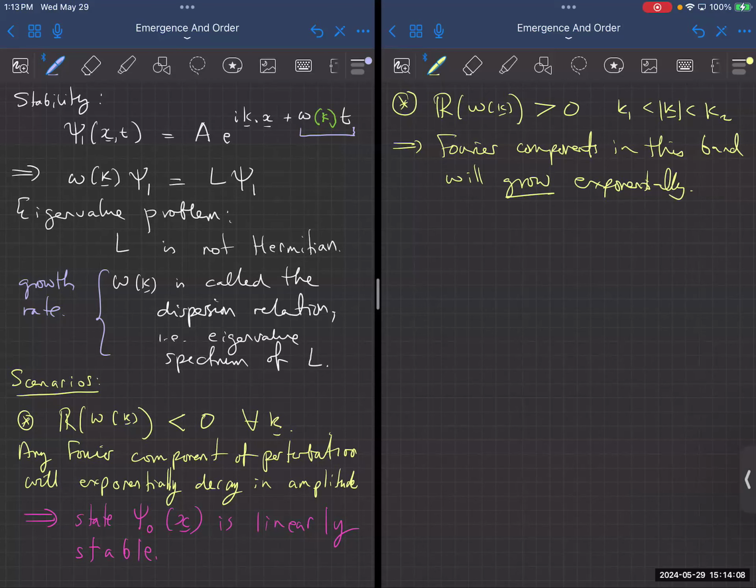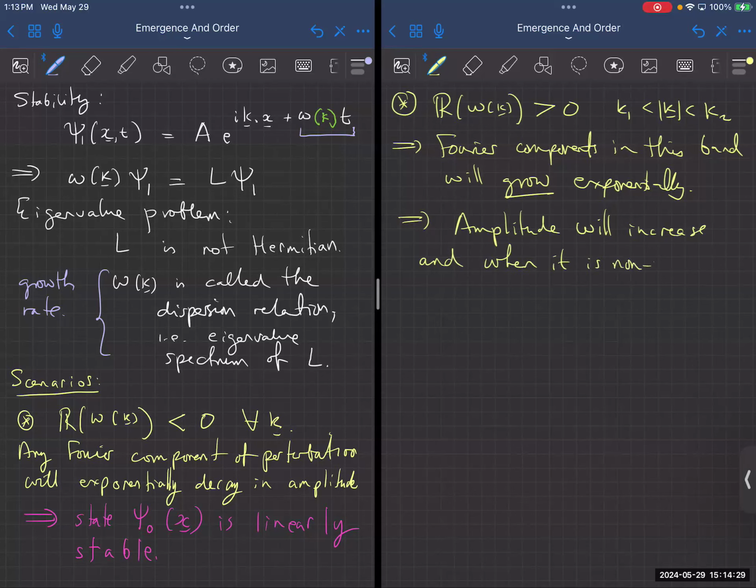What will happen when they grow exponentially? Well, their amplitude will increase. And once it is non-infinitesimal, then we are out of the regime of linear stability analysis.